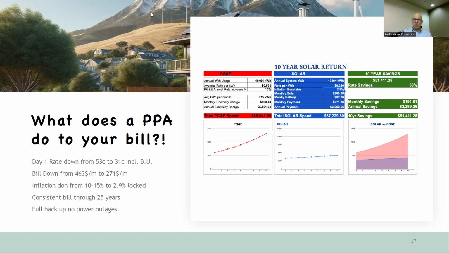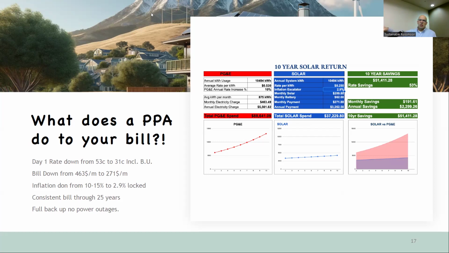PG&E has raised our rates almost 50 times in the past 10 years. We can see between 3 to 6 increases in a year. In the middle one, in solar, you see the projection of a 2.9% escalator of his current deal.